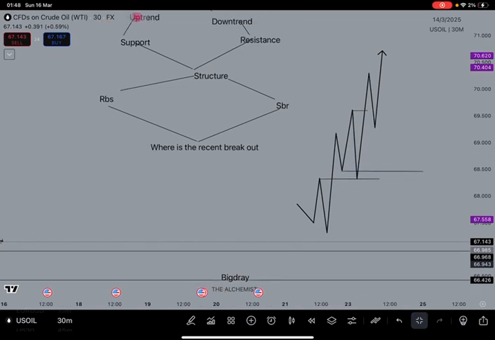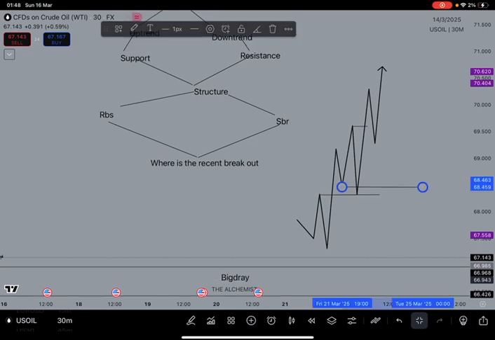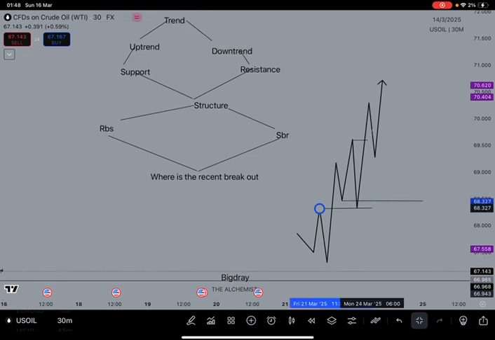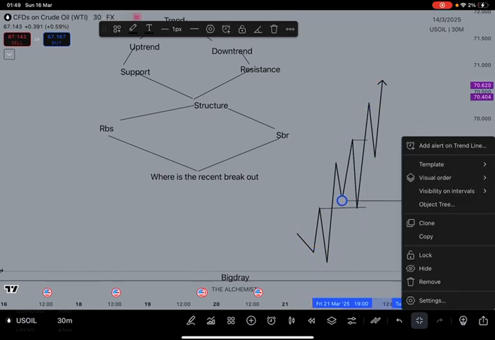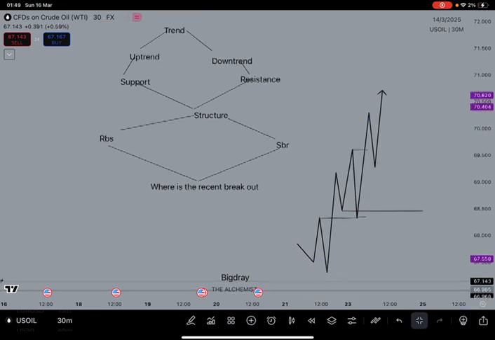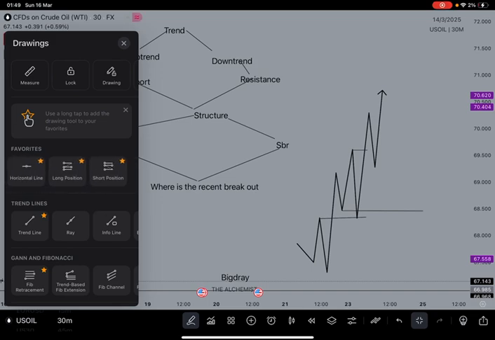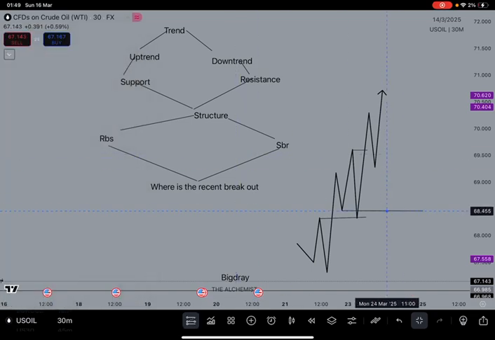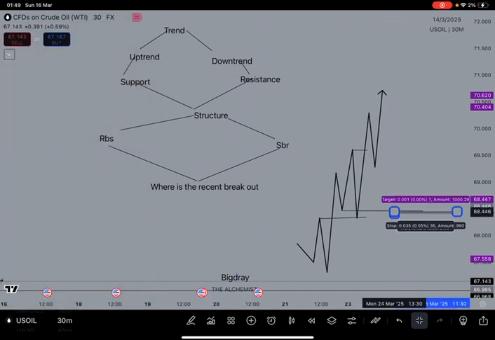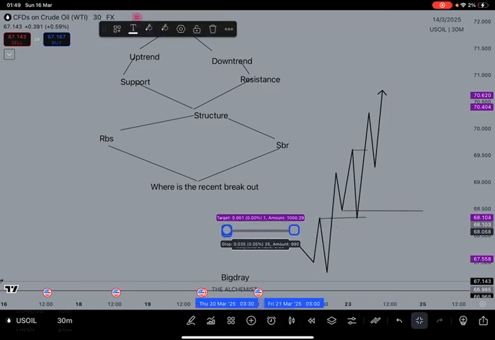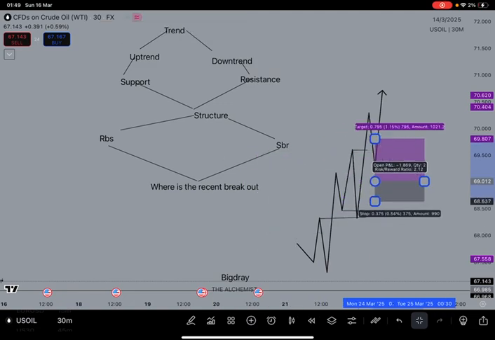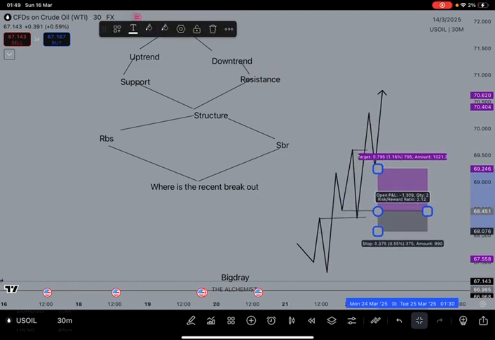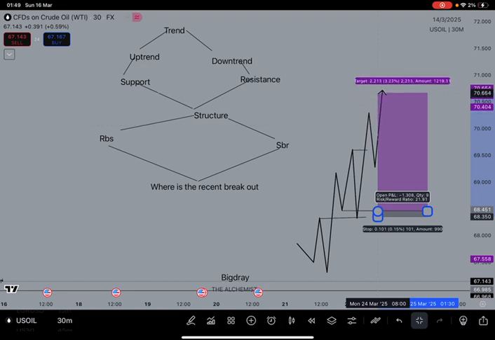So whenever you want to take the trade, you do not focus on here for now. You focus on the new range that has formed. Understand? And you take from there like this, and target the high that was created.